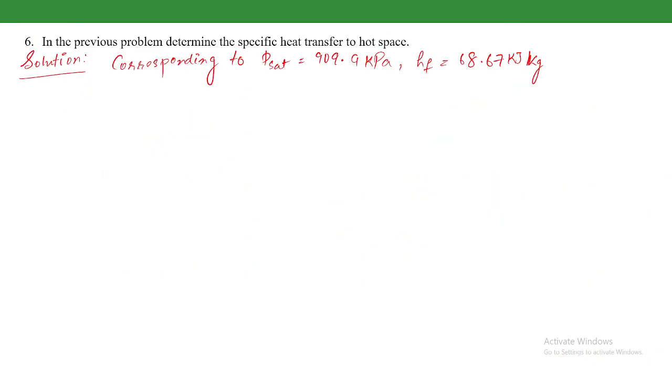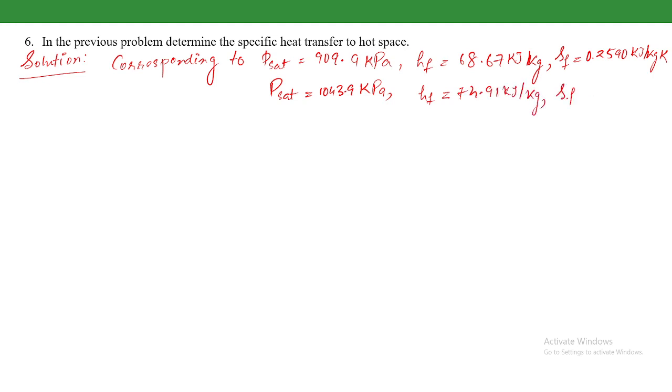So I'm just writing those down, HF and SF is 0.2590 kilojoule per kg Kelvin, and corresponding to P saturation of 1043.9 kPa, the enthalpy of the liquid phase is 74.91 kilojoule per kg and SF is 0.2797 kilojoule per kg Kelvin.